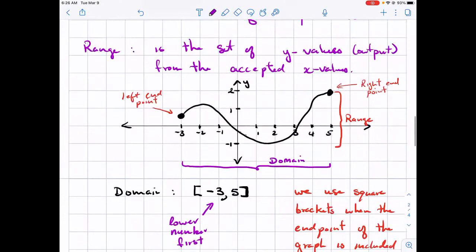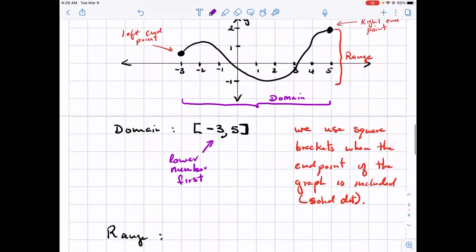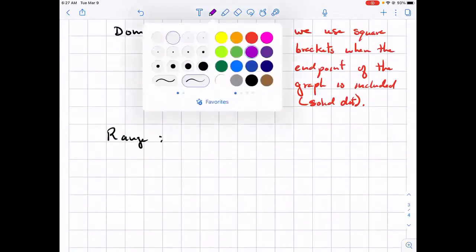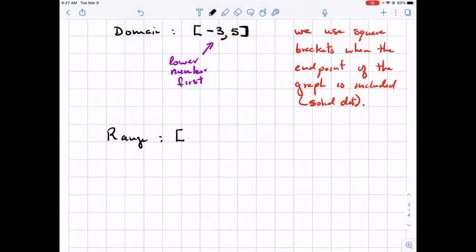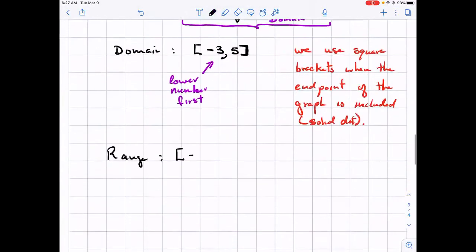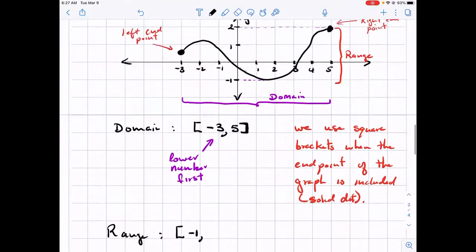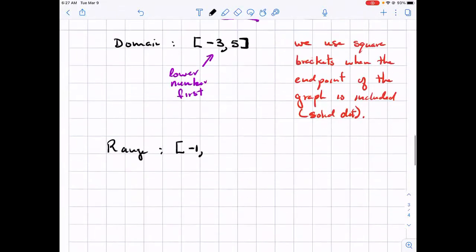So the lowest y value here is -1, and the highest y value we have is 2. So your range would be from -1, included because it's a solid dot, to 2. Okay.